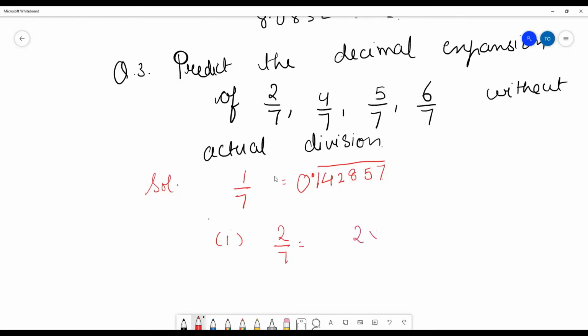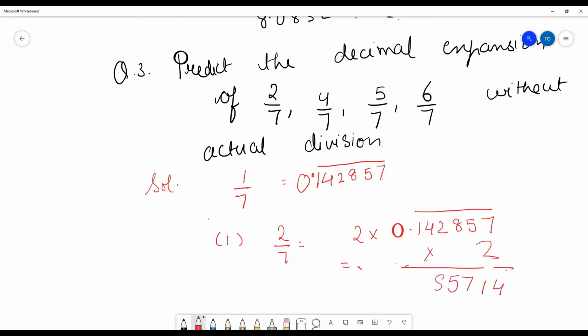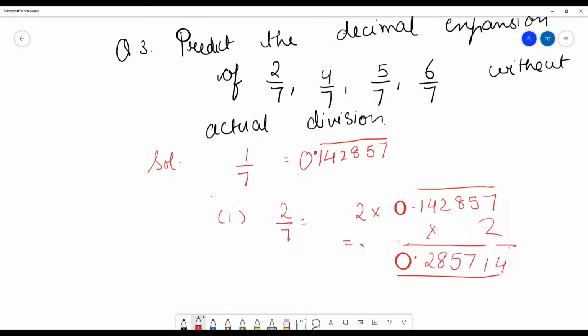For 2/7, you have to multiply this by 2. If you multiply it by 2, you will get 0.285714. So this is your answer.